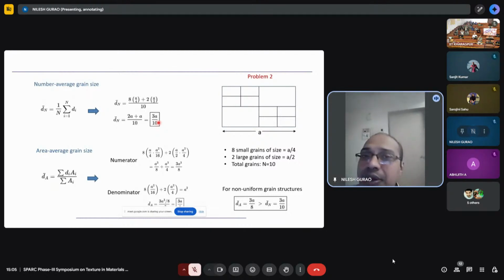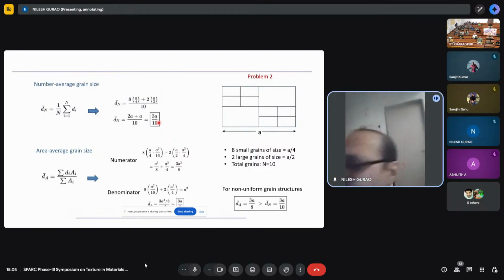I have 10 grains here, right? 8 grains. What is the size of those 8 grains? Can anyone tell me? See, the image has got distorted because I made it in landscape mode, so this got expanded. Tell me, brother, what is the 8 grains and what is the grain size, just the nominal size? Can you tell me?